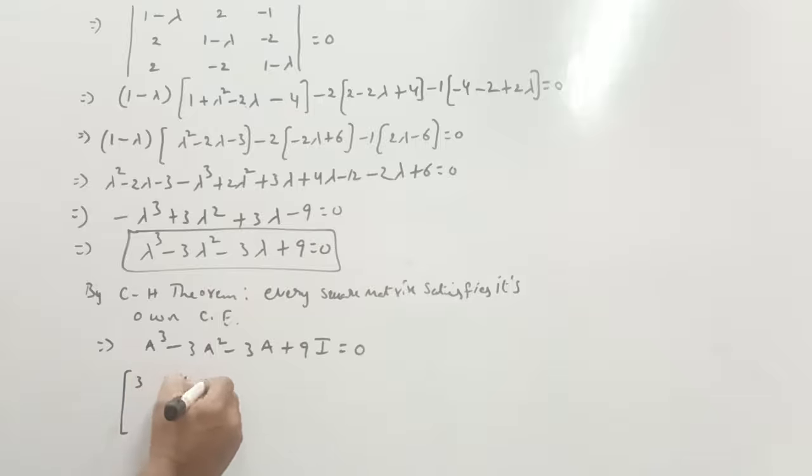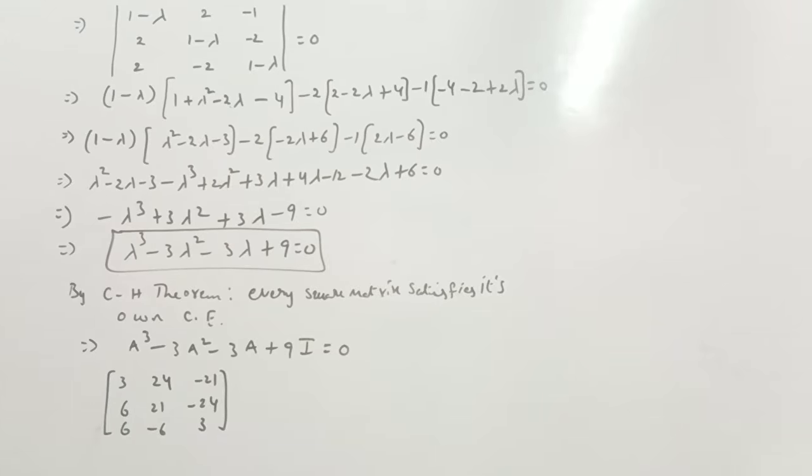Using the calculator, I got the value of A cubed. How much did I get? First row 3, 24, minus 21; second row 6, 21, minus 24; third row 6, minus 6, 3.